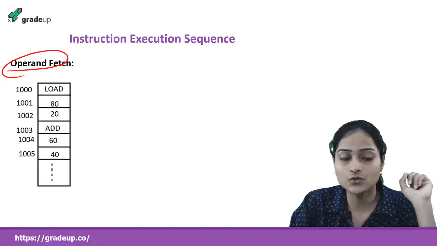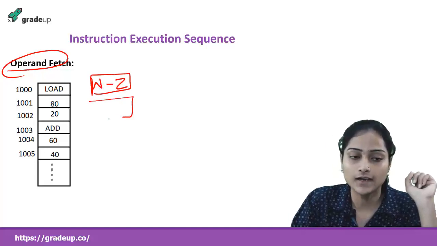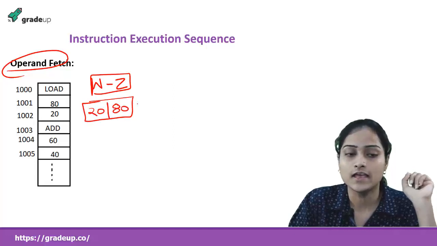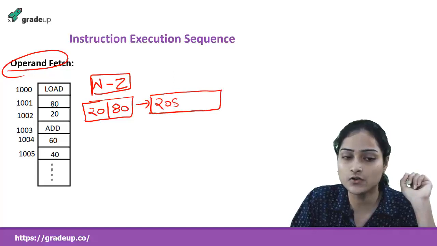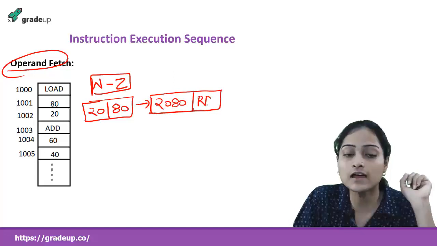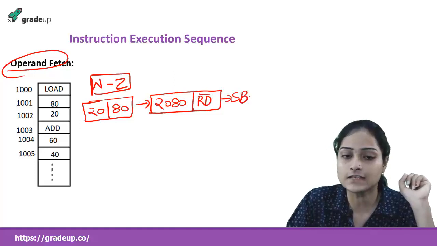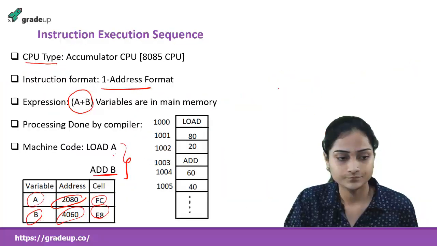How is it going to do this? Your WZ register pair over here has address 2080. This time CPU is going to generate a memory request for 2080 and which is also a read signal because you have to read the data. It will be given to system bus. System bus will go to memory, and you know what was the memory content of 2080?